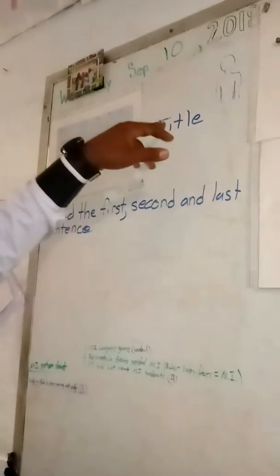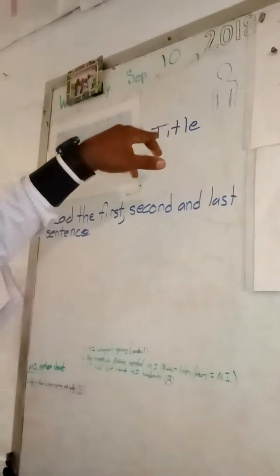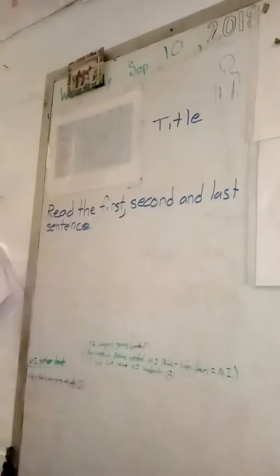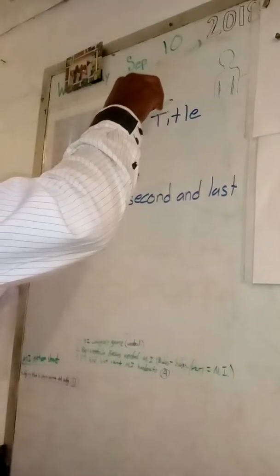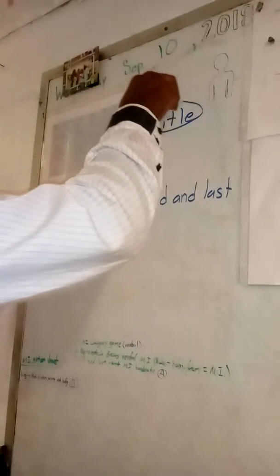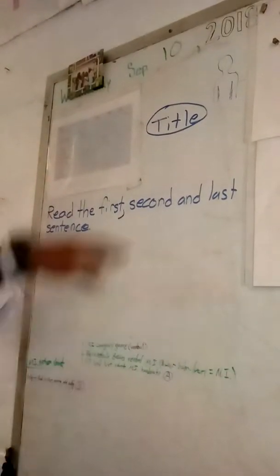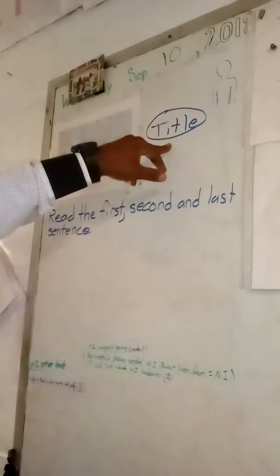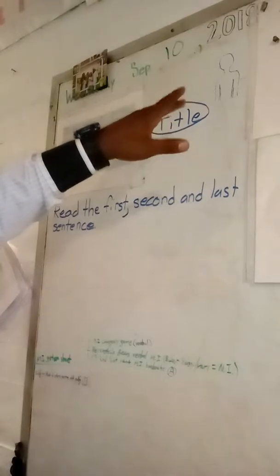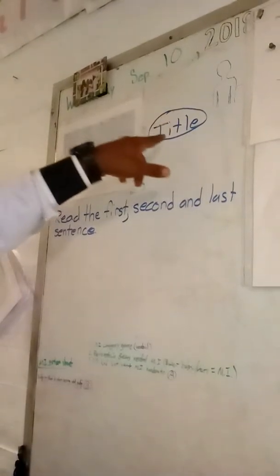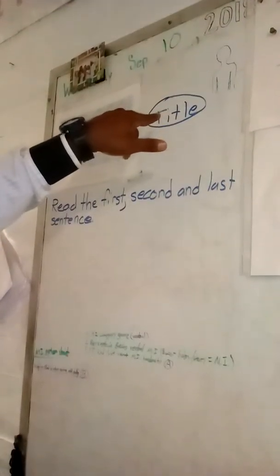Then the second thing you want to do is look at the title. Read the title. After you read the title, then circle the title so that you know this title is supposed to help you find what the main idea is going to be about. Now, do the connections.